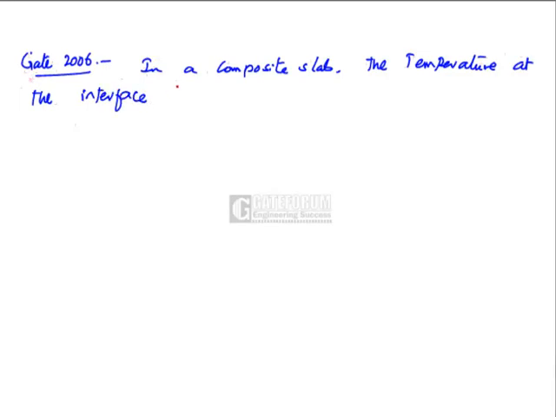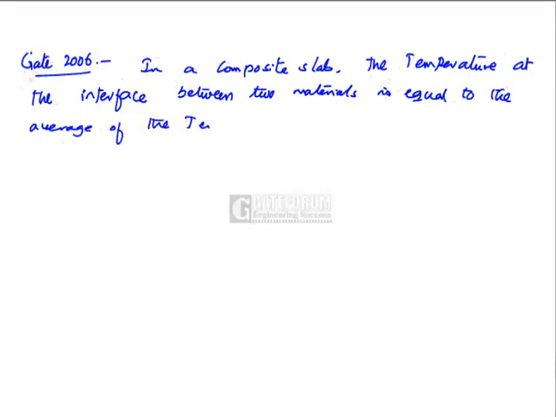In a composite slab, the temperature at the interface between two materials is equal to the average of the temperatures at the ends.